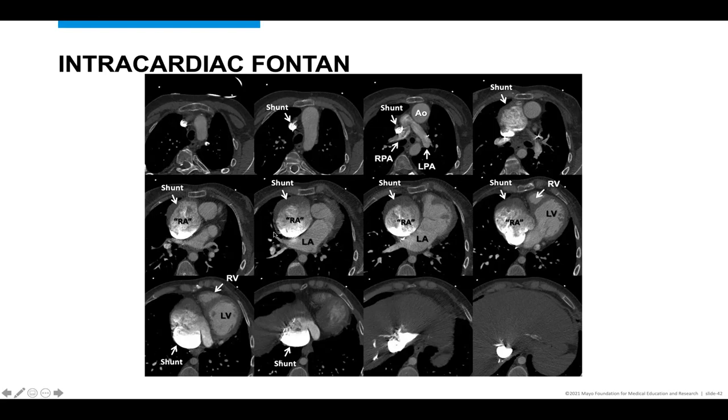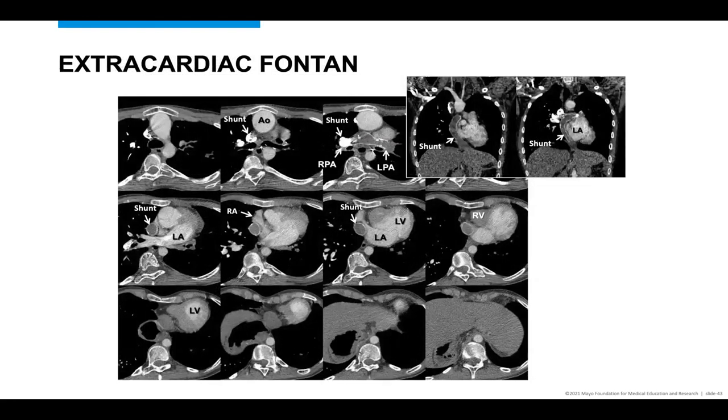Nowadays, the surgeons that still perform an intracardiac Fontan more commonly use what is referred to as a lateral tunnel, where they would take a portion of the posterior wall of the right atrium and create a tunnel or a conduit using the patient's own tissues to shunt IVC to pulmonary arteries.